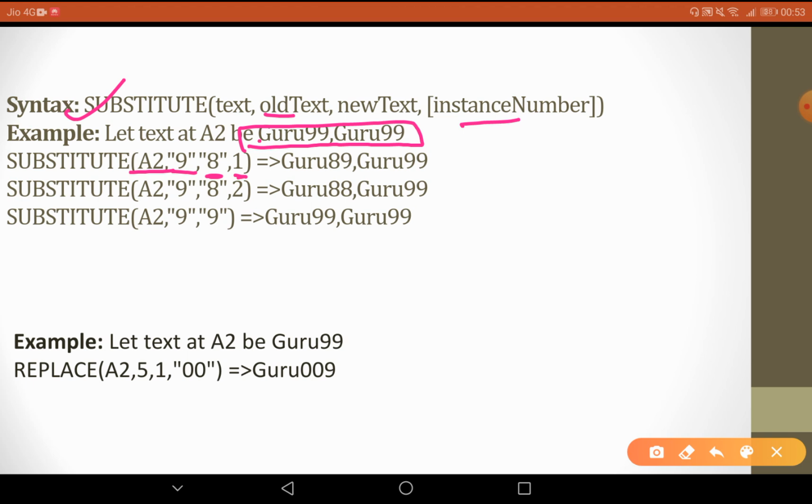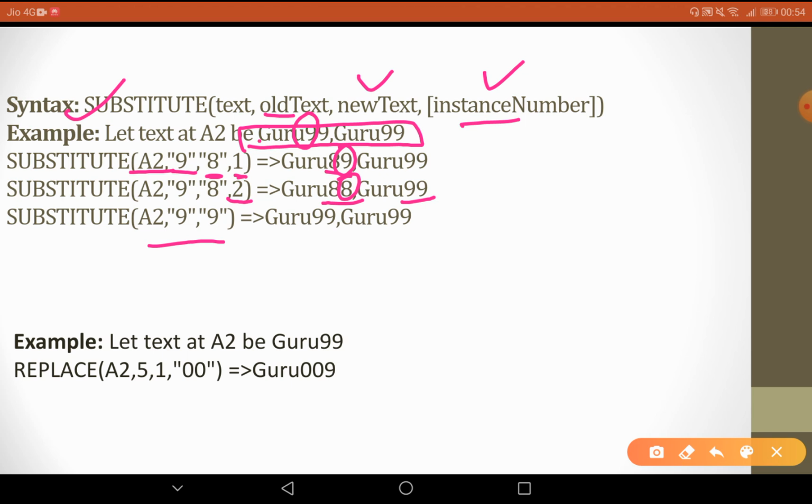You can see that in Guru 99, the 9 will be converted to 8 at position number 1. So position number 1 is this 9, and it has been converted to 8. Similarly, if we change the instance number to 2, this will also change to 8. And if we leave the instance number blank, then nothing will happen.